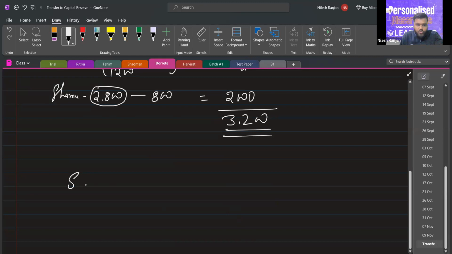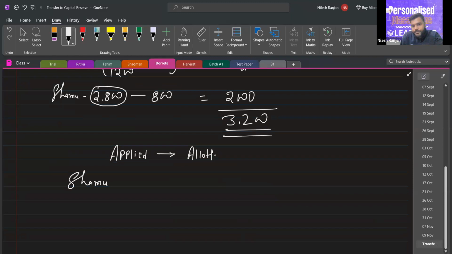Actually, first you understand this concept: whenever the applied share is given, you have to calculate the allotted share, and whenever the allotted share is given, then you have to calculate the applied share. Because in pro rata allotment, applied and allotted shares are different.